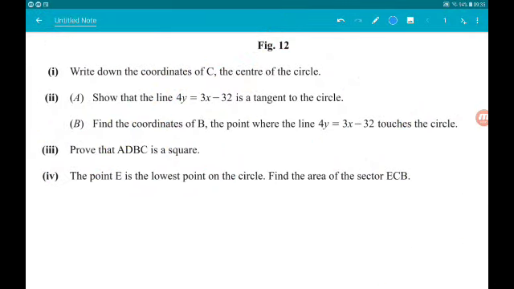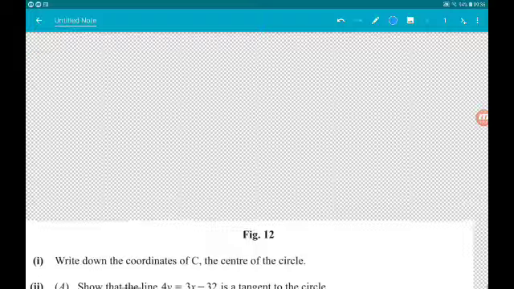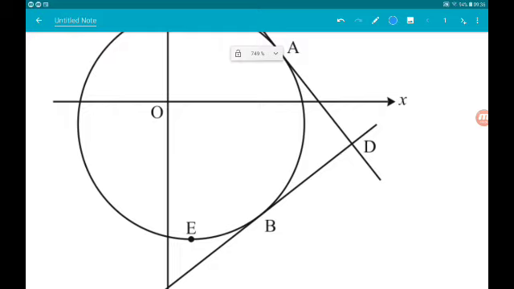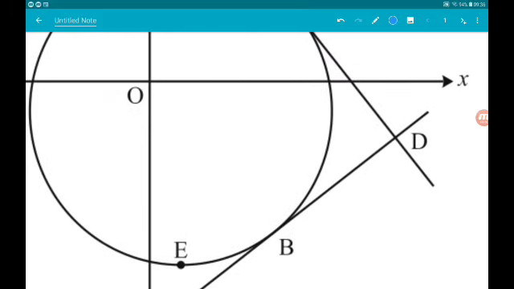Okay, then for the final part, we are told the point E is the lowest point on the circle. We want to work out the area of sector ECB. Okay, so 5 marks, by the way. Right, so we know the centre is 1, minus 1. Now we know the lowest point on the circle is directly below the centre.